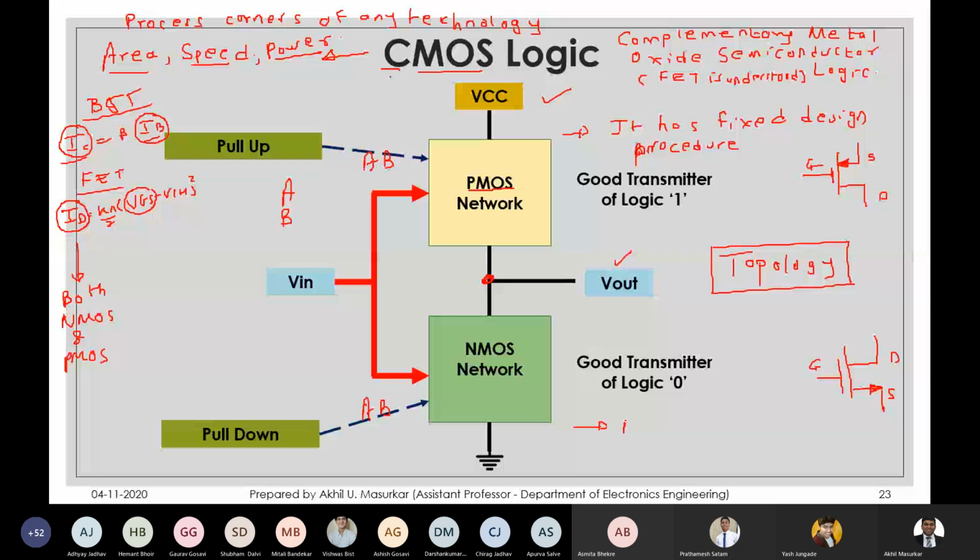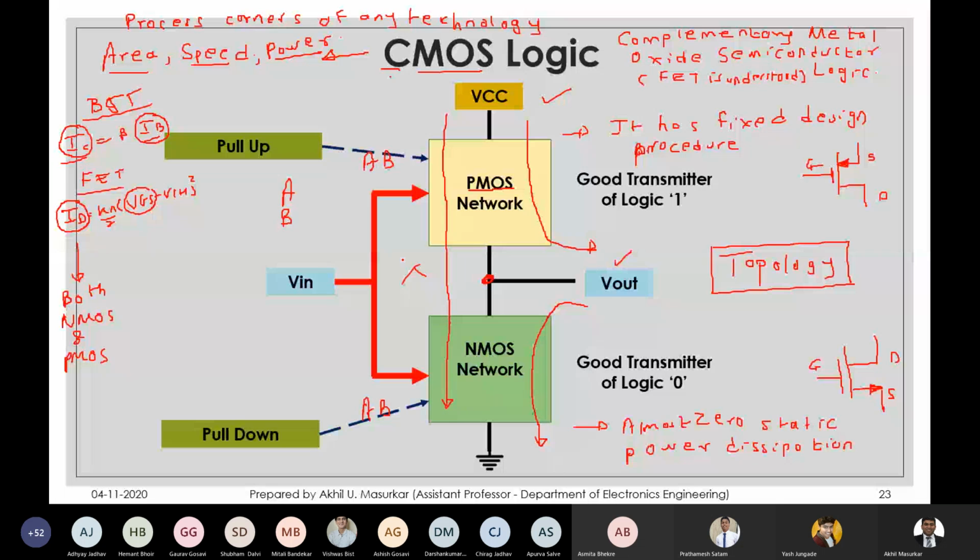That is because current either flows from VCC to output, or it flows from output to ground. There is never a current which directly flows from VCC to ground. This current is not there.